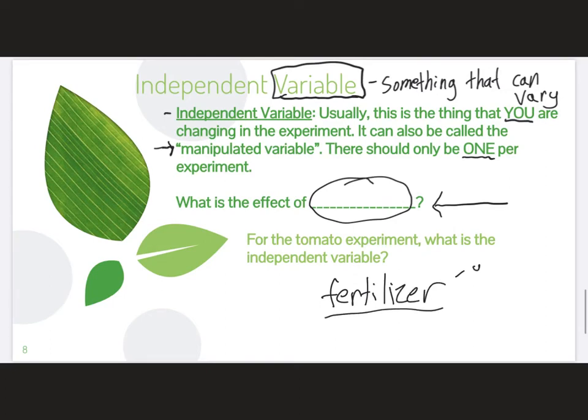We'll say fertilizer, yes or no. Whether or not the plants get that fertilizer. And I can test it out on this one. If I think about what would my question be for this experiment, it's probably something like, what is the effect of fertilizer, so the fertilizer goes into this, what is the effect of, so that's going to be my independent variable.